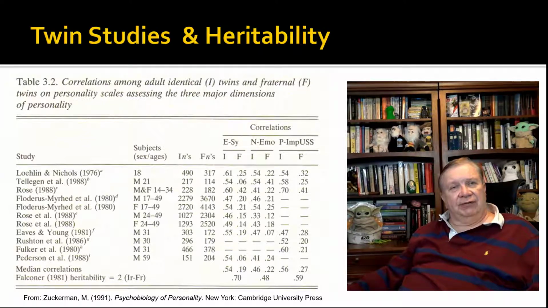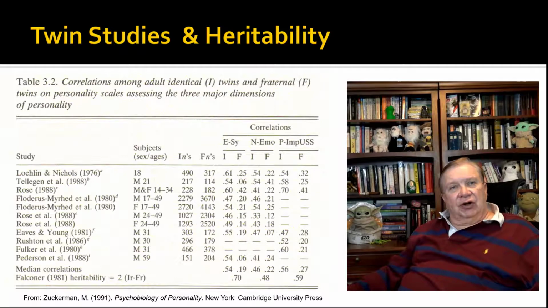You see the average ages of the subjects, the number of identical twin pairs, the number of fraternal twin pairs, and since the number is pairs, that's why you get an odd number of twins. Then you see the correlations between twins for the three variables we just defined. And there is a column for identical twins and a column for fraternal twins.